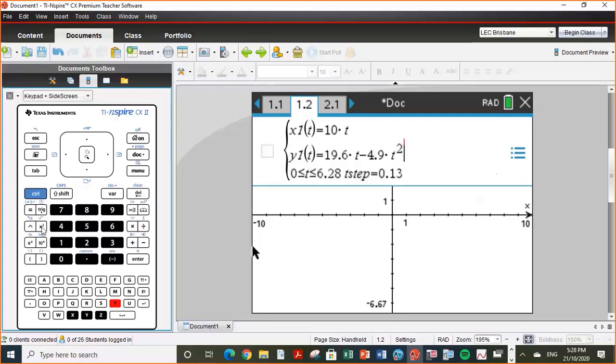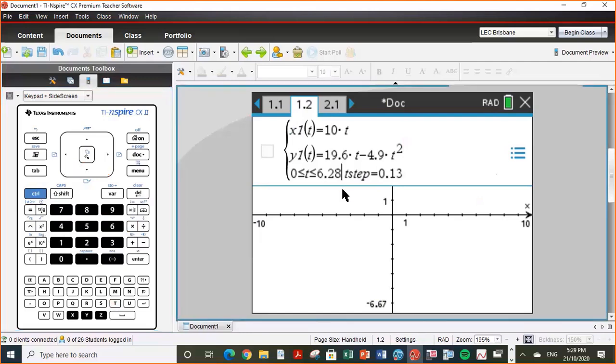And the final thing now is to look at the allowed values for t and also the t-step. By default, t lies between 0 and 2 pi, and the t-step, that 0.13, is actually pi on 24.